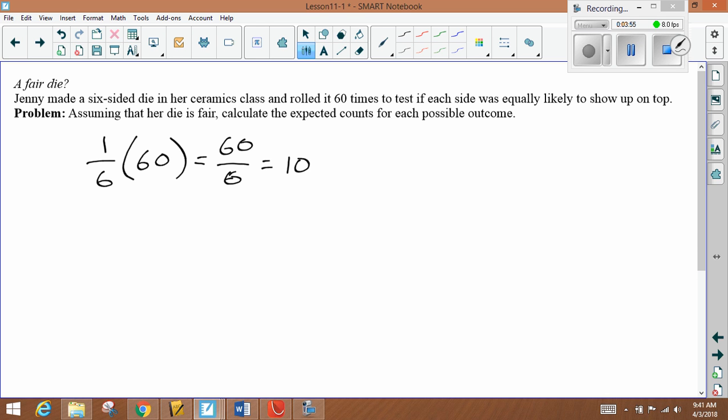So with our chi-square distribution, we can take a die, roll it 60 times, and look at our counts of each number. And based on those counts, determine if it is indeed a fair die. You know what I mean? That's what chi-squared is for.